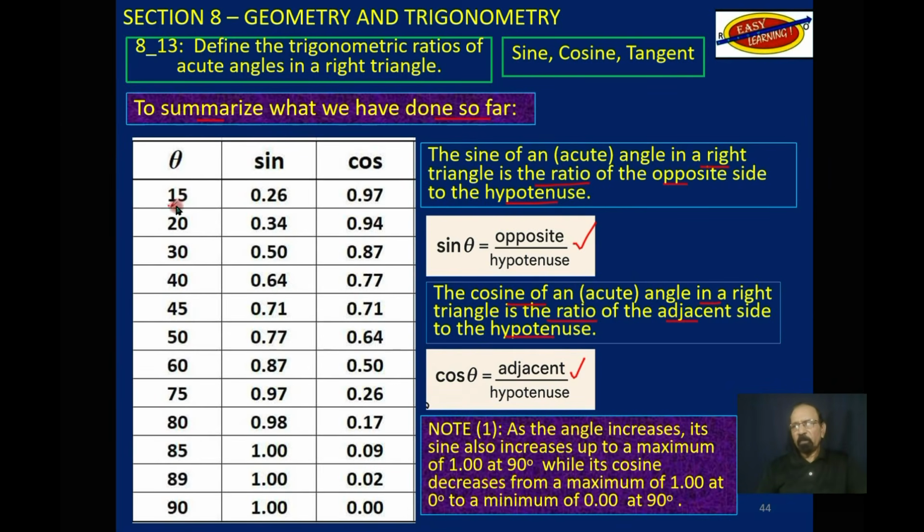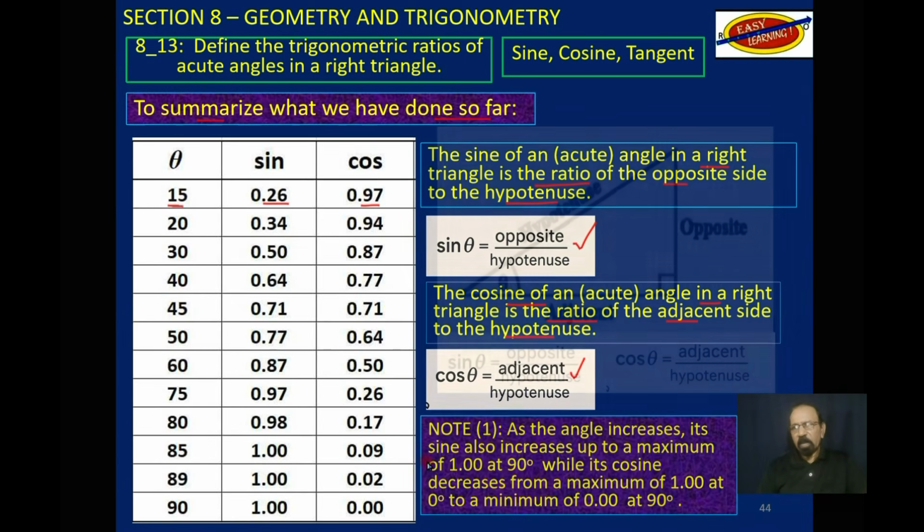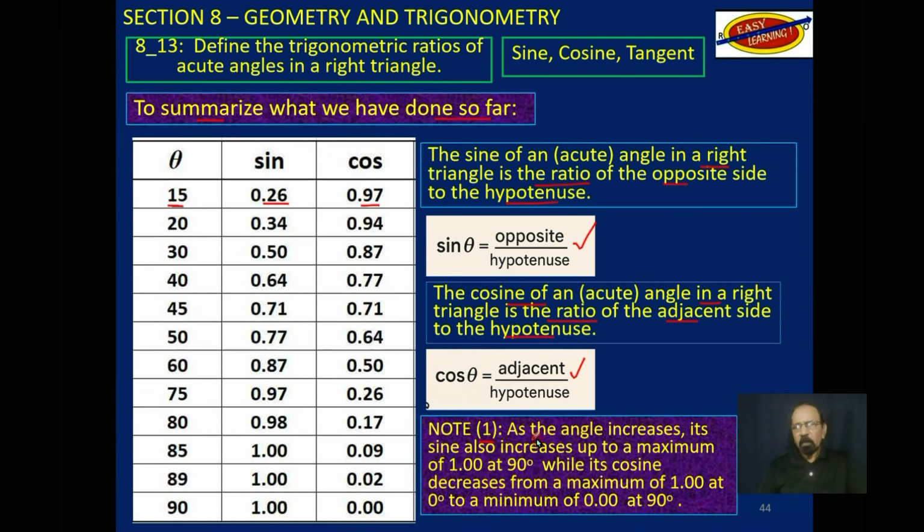The sine of 15 is 0.26, meaning that the opposite is 0.26 of the hypotenuse. Whereas the cosine of 15 is 0.97, meaning that the adjacent is 0.97 of the hypotenuse, almost as long as the hypotenuse. And you could go down the list like this. Note 1. As the angle increases, its sine also increases up to a maximum of 1.00 at 90 degrees.